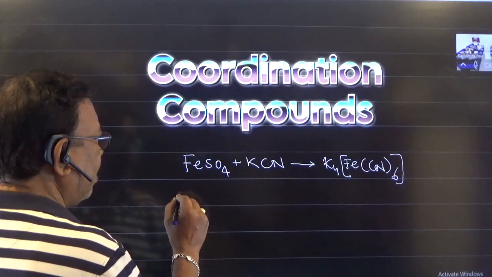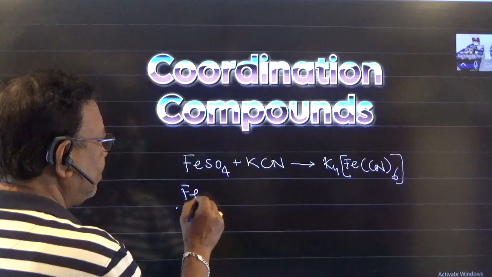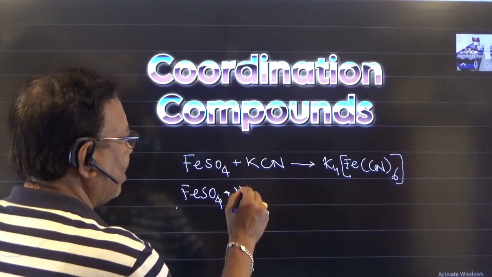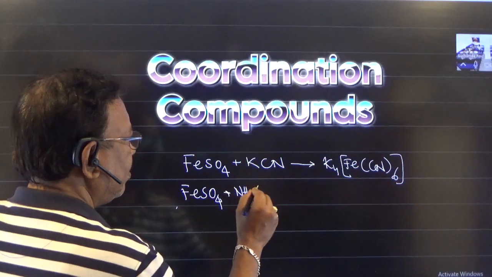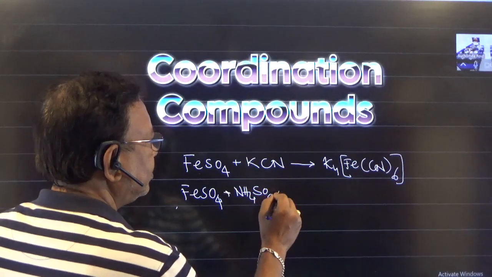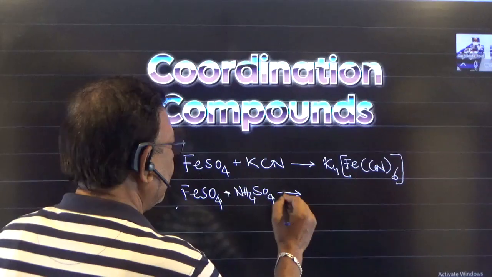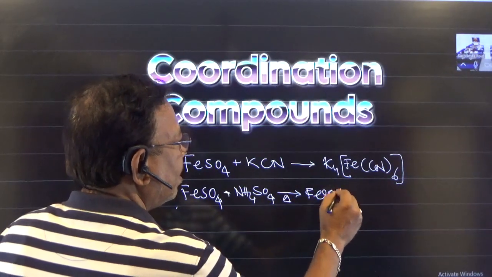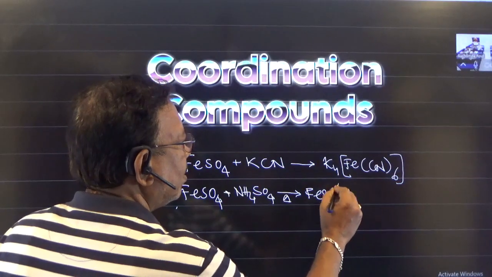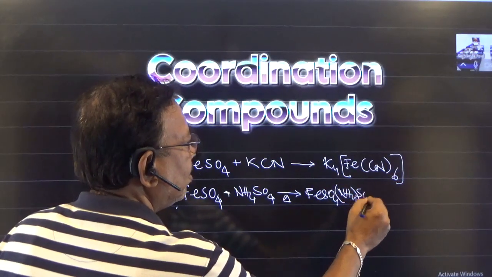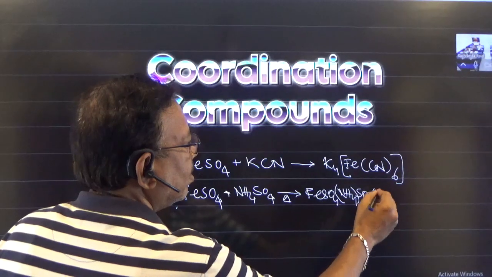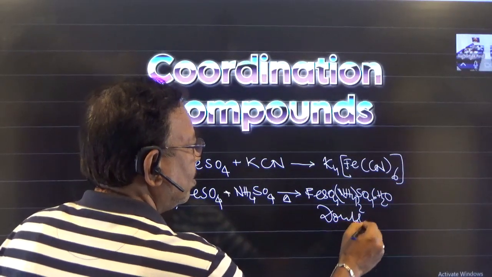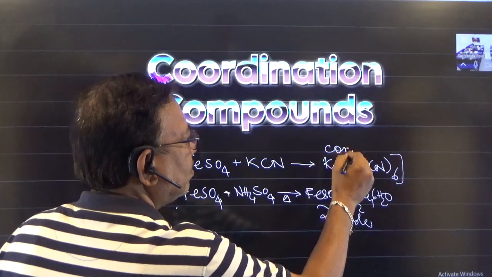But whenever ferrous sulfate plus ammonium sulfate are heated together, it forms ferrous ammonium sulfate. This is double, this is complex.